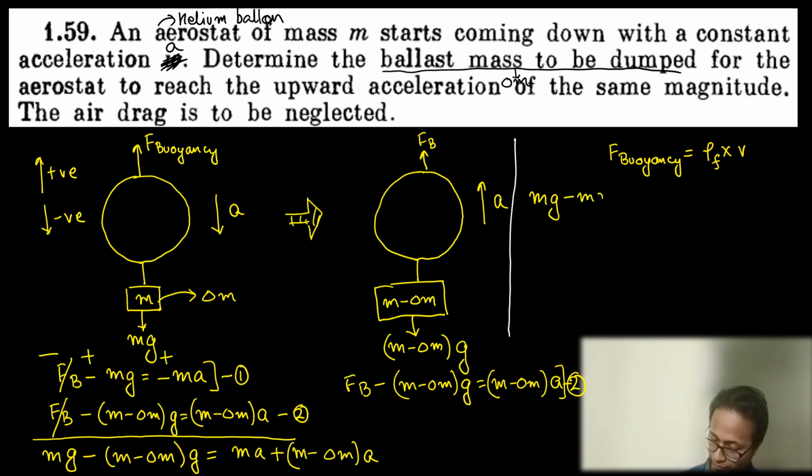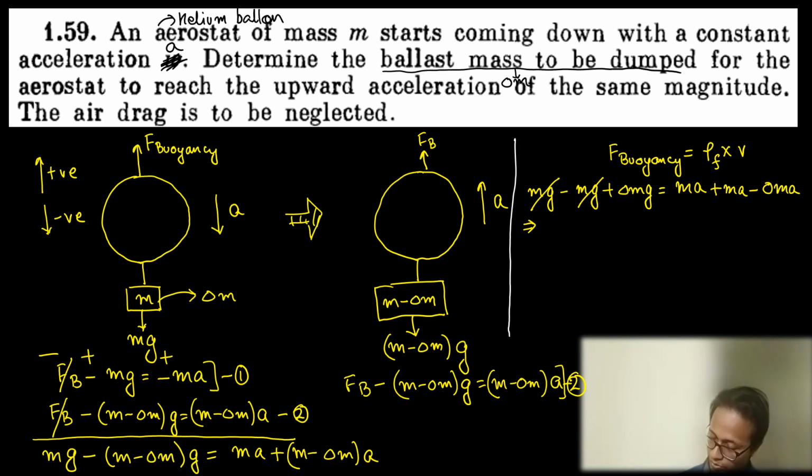Let's expand this equation before solving it. mg minus mg plus delta m g is equal to ma plus ma minus delta m a. Now all the terms that contain delta m will be sent to the right hand side, and all the terms without delta m on the left hand side. Simple equation solving. So mg minus mg is equal to 0. ma plus ma is equal to 2ma.